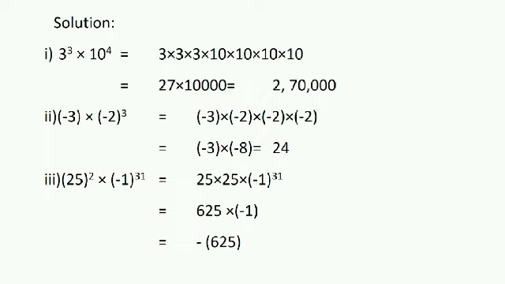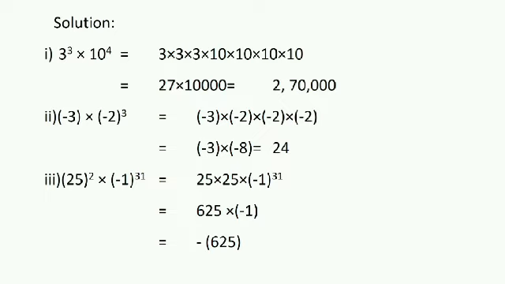As we know that if we multiply minus 1 31 times, which is an odd number, the product will be a negative number, and if we multiply 1 several times, the answer is always 1. Therefore, minus 1 to the power 31 is minus 1. Hence, it is equal to 625 into minus 1, and that is, the final product is minus 625.